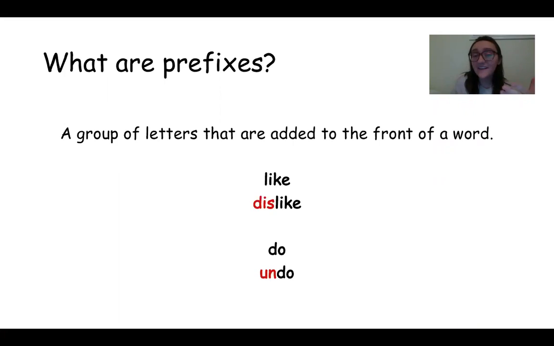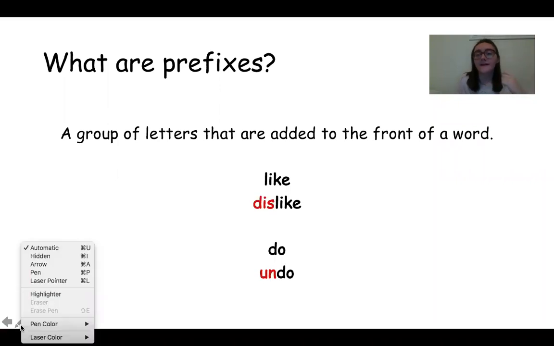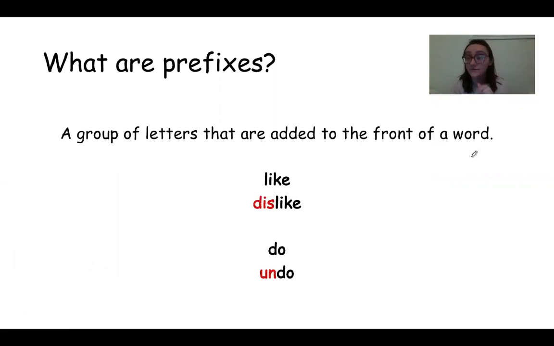So a prefix, or prefixes is plural, is just a word that means little words or group of letters that are added to the front of a word to change its meaning. So, for example, in English, we have the word like, I like you, or this is like that.